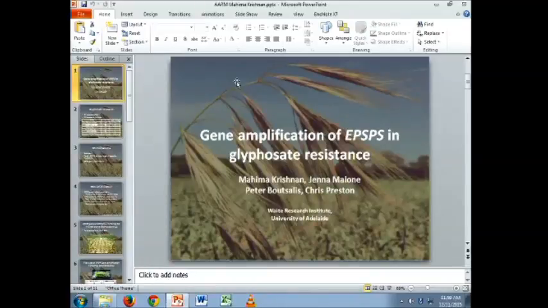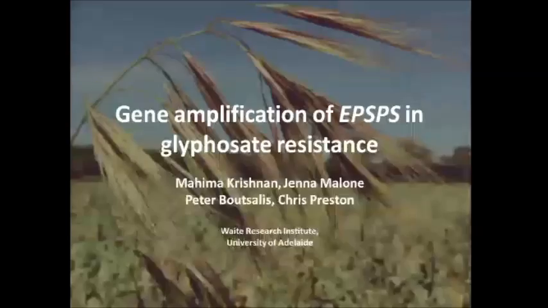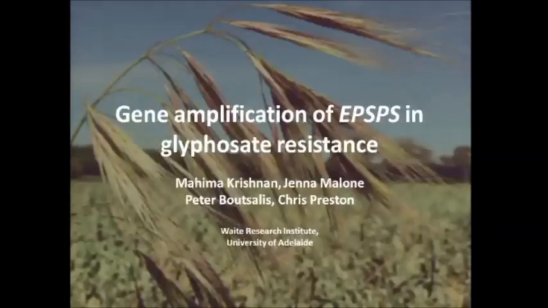Yes, and you are right. This temperature dependency we found initially, we got a population from Queensland. They said this is a glyphosate-resistant population, and we tested normally at mild temperature, like 25, as most people will do. And we found in another population we have a mutation there, but it's not resistant at all. And that's for target site. For non-target site, it is much more obvious with the temperature effect.